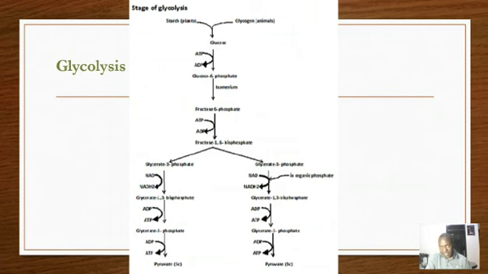Look at the point where we have fructose 1,6-bisphosphate. Fructose 1,6-bisphosphate splits into 2 molecules of glycerate 3-phosphate, also called triose phosphate or TP.